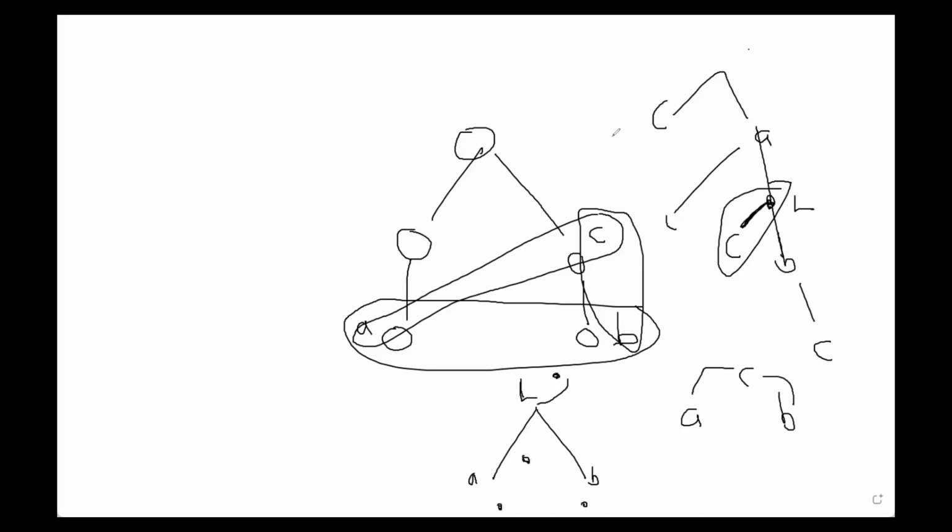And once you're able to do that, once you have A and B, you know that the path from A to B contains every single number from 1 to I. So the number of paths that have a max of at least I plus 1 is the size of the subtree of A times the size of B. This is the number of paths that have max at least I plus 1.